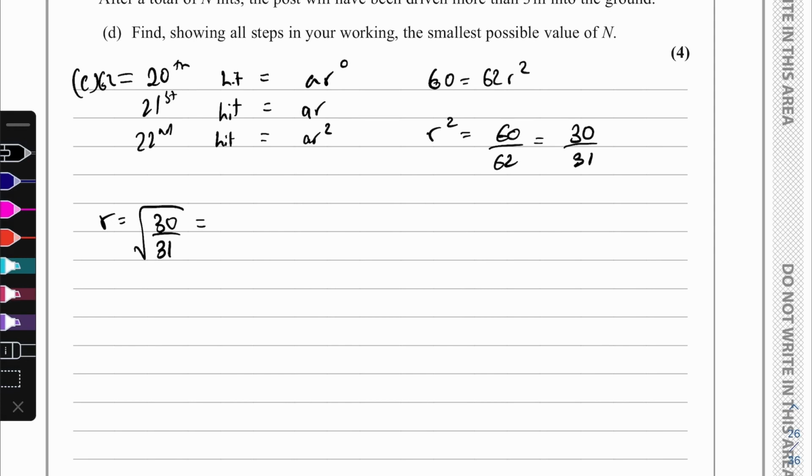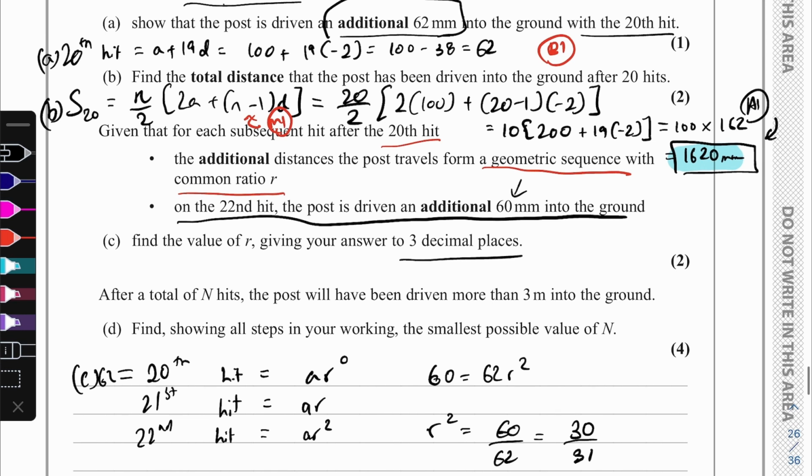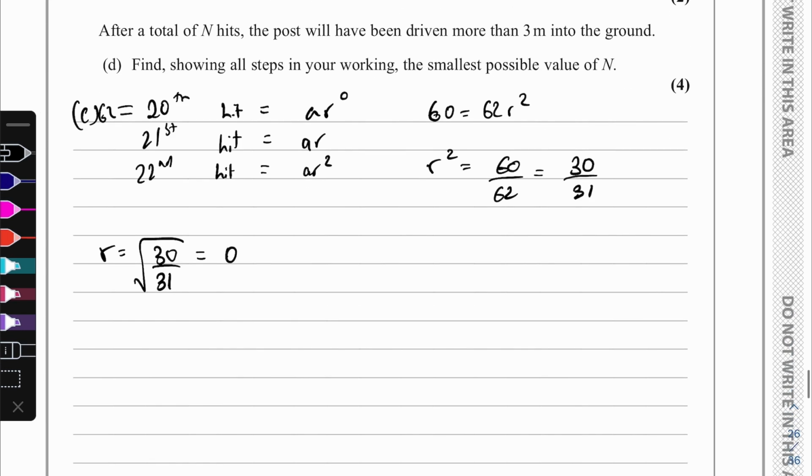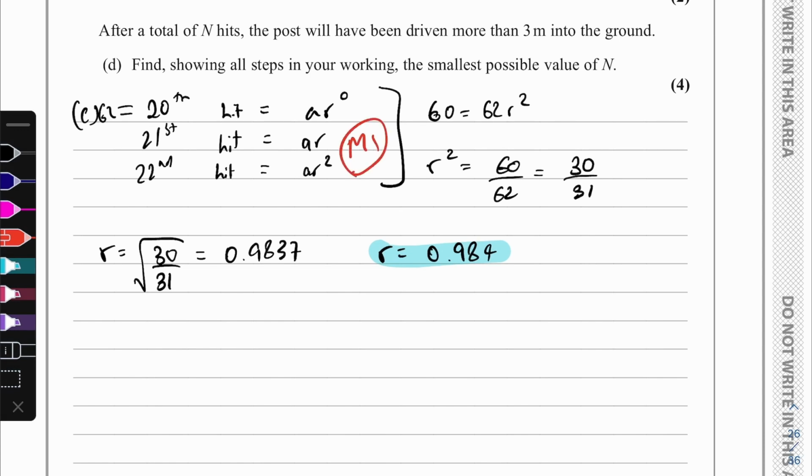They wanted 3 decimal places, so we're going to give them 4 first. 0.9837. So r equals 0.984. This is the final answer. So we get M1 for working this out, and A1 for getting the answer.